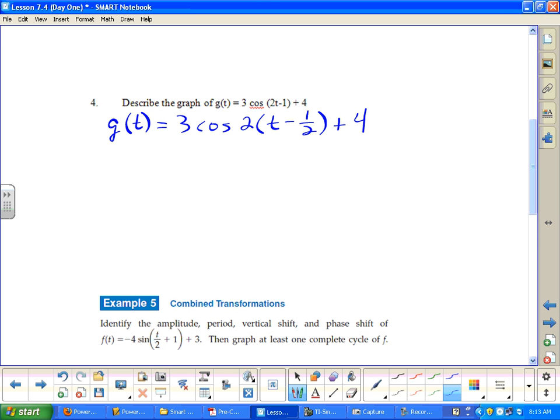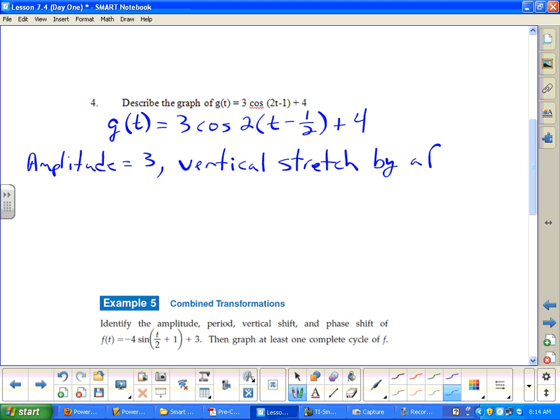Because this tells me all of the specific things I need to know. So this tells me that I have an amplitude of 3, so that means that I have a vertical stretch by a factor of 3.